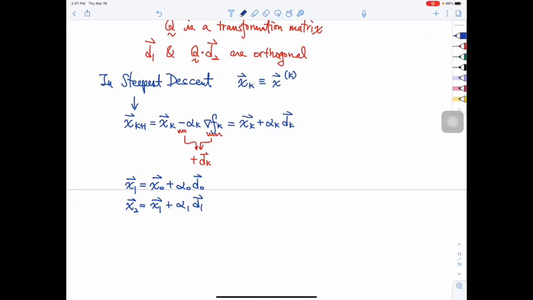What if I plug in the first equation to the second one? Then I know this definitely is x0 plus alpha 0 d0 and then plus alpha 1 d1, right? I basically plug in this guy to this guy. So did you see a rule?